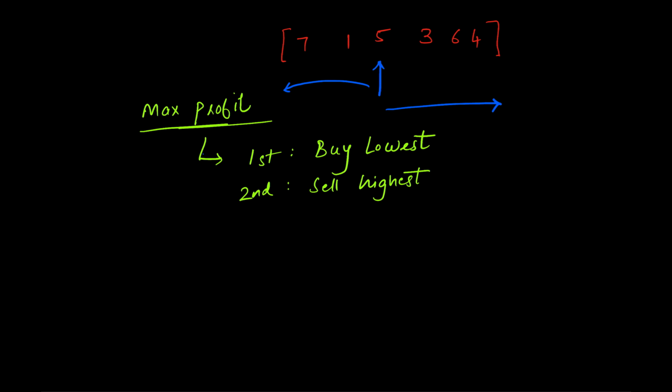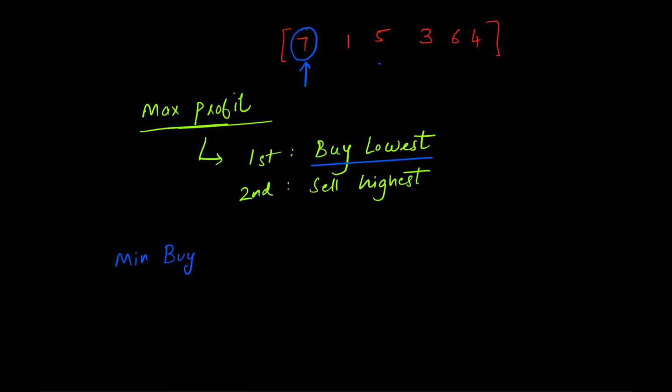For example, if we are on day 3, the current stock price is 5. So we should compare the current day's stock price to the previous days to say if we should buy the stock at price 5 or at a different price that we have already seen in the past.